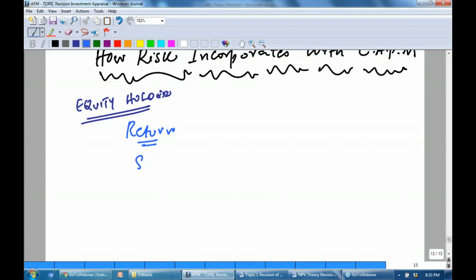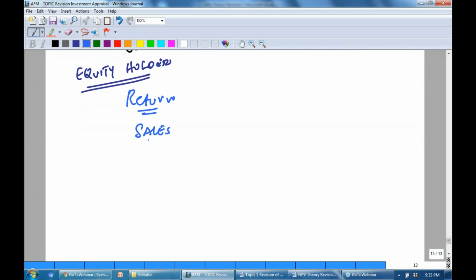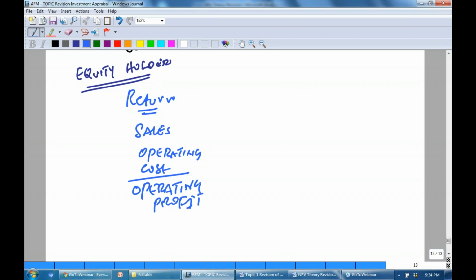What return are you expecting? You are expecting that the company will generate sales and incur some operating cost, so it generates some PBIT. That's operating profit.